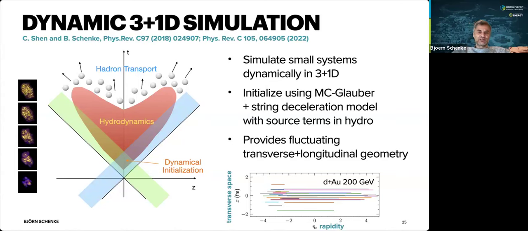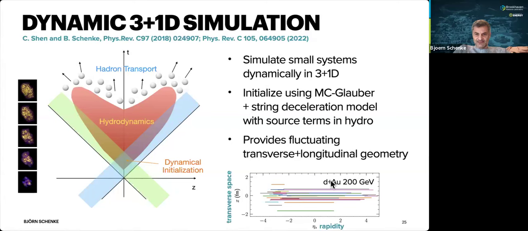And then the energy and momentum that is lost is sourced into the hydrodynamics as a source term, right? So we feed in the energy lost by the individual valence quarks in the collision. And that provides a fluctuating energy density distribution in the transverse as well as in the longitudinal direction.